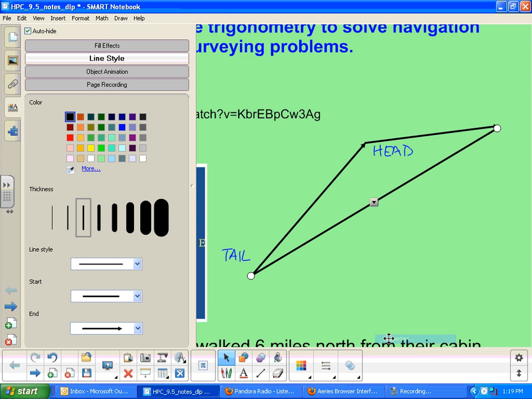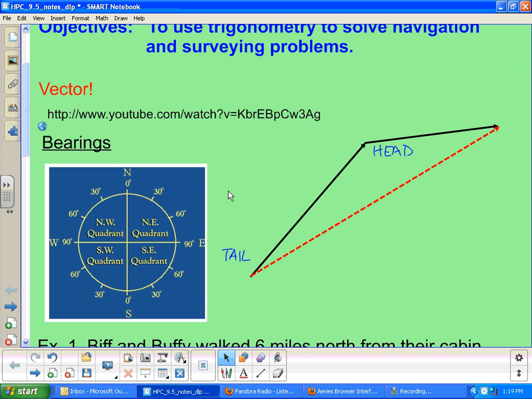That red vector is called a resultant. It's called a resultant vector. And that's the one that we get when we add vectors together.